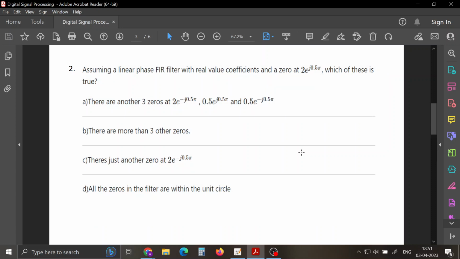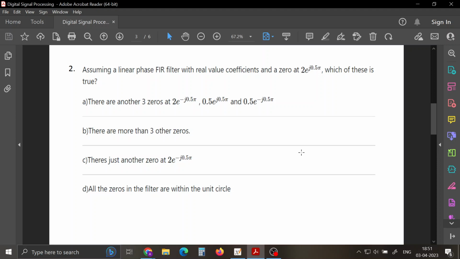Okay, so assuming a linear phase FIR filter with real valued coefficients and a 0 at 2 times e power j 0.5 pi, which of these is true? We are given 4 options and we need to pick the right option. So we are given a linear phase FIR filter, and we have a real valued impulse response, basically the coefficients of the filter, which is h of n.